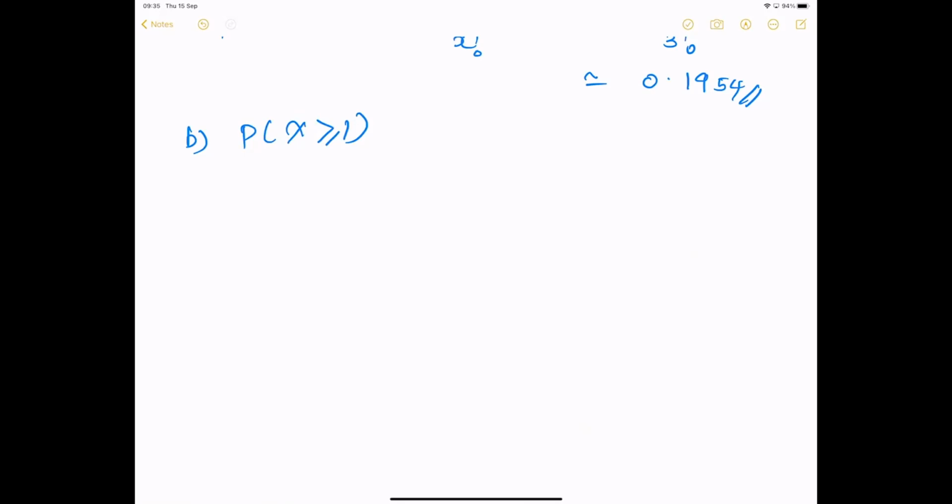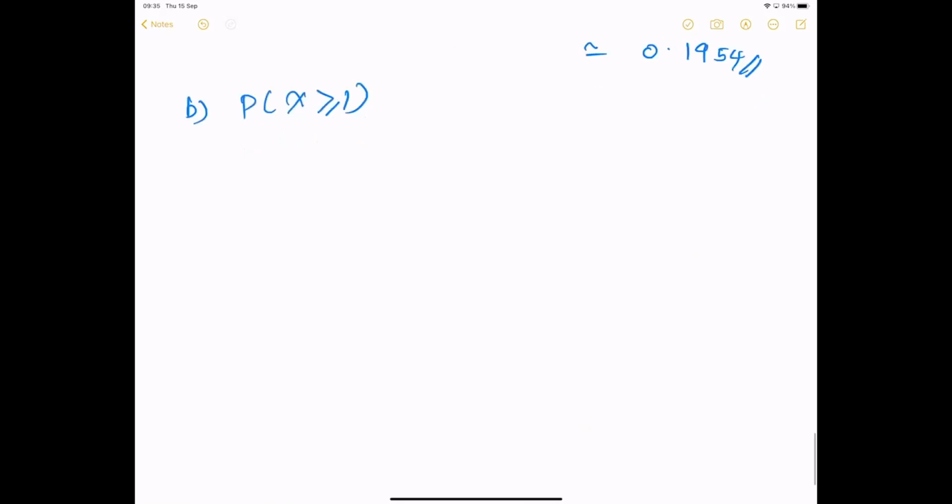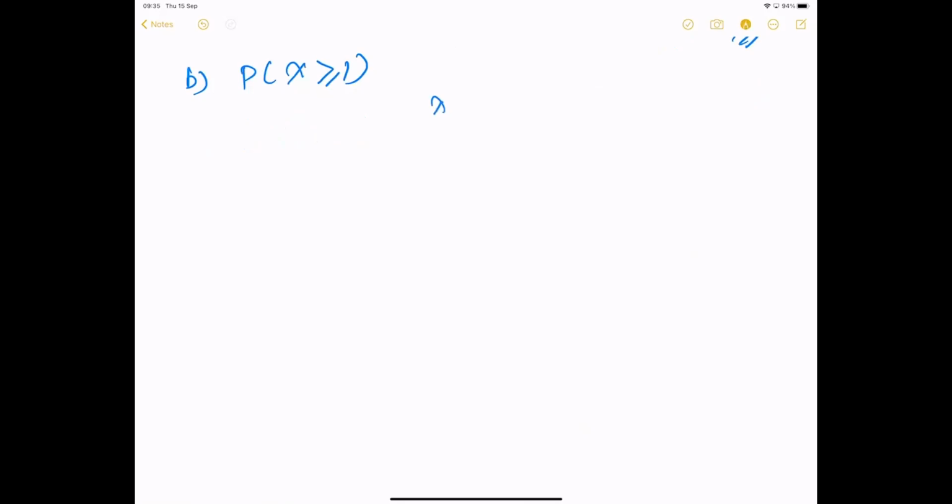So definitely the average rate should be different from this situation. Lambda is 4 for 1 minute, but now we are referring to 2 minutes. Then what is lambda? For a minute, that is 4.